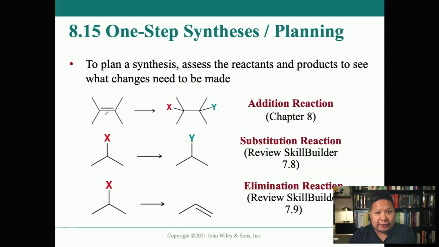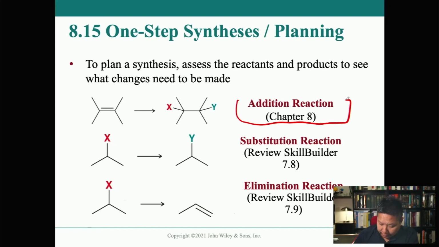So how do we plan a one-step synthesis? Well, first thing you're going to do is assess the reactants and the products to see what changes need to be made, right? So when doing that, it could be any combination of things, where it could be an addition reaction, everything that we've been talking about for the last chapter, today and yesterday.